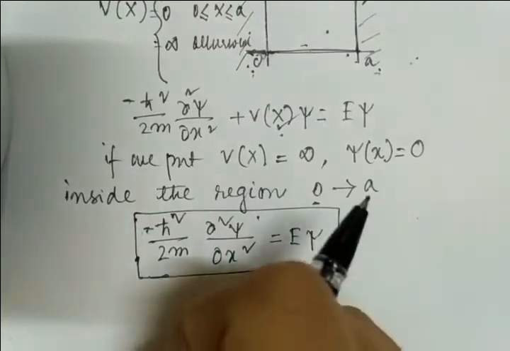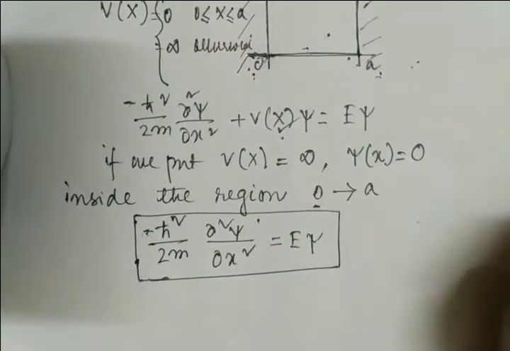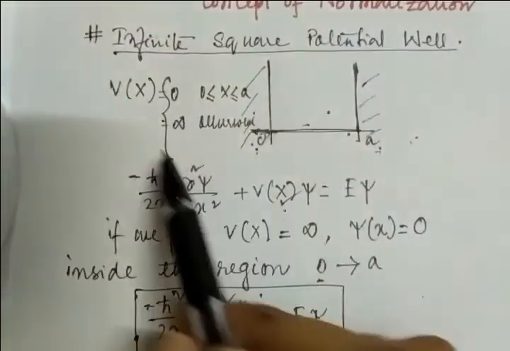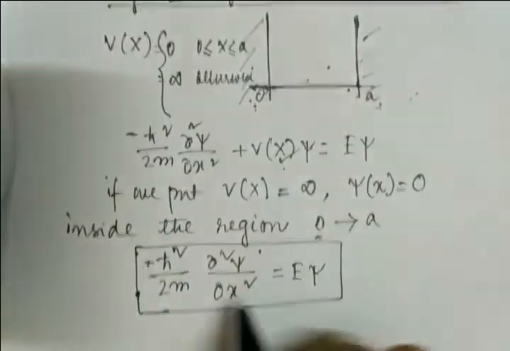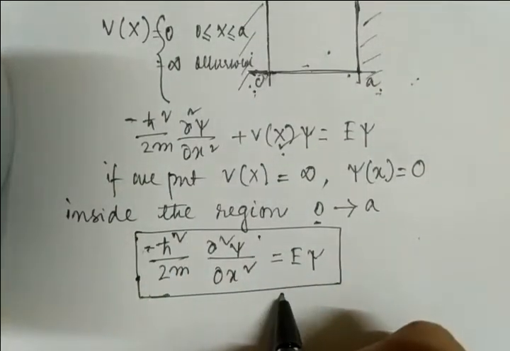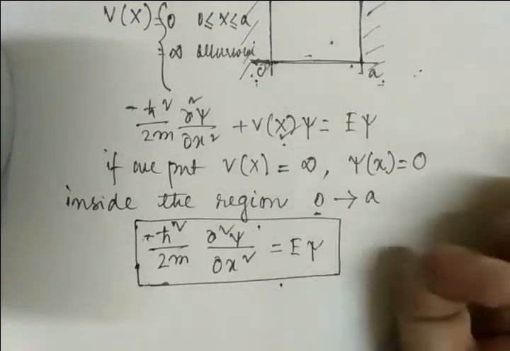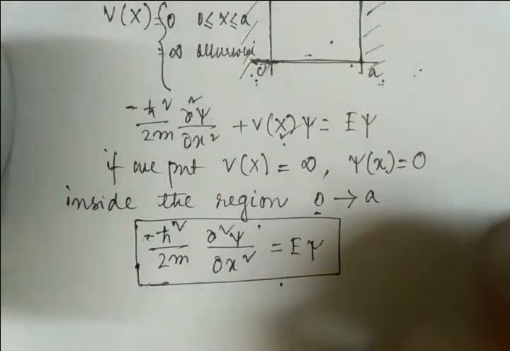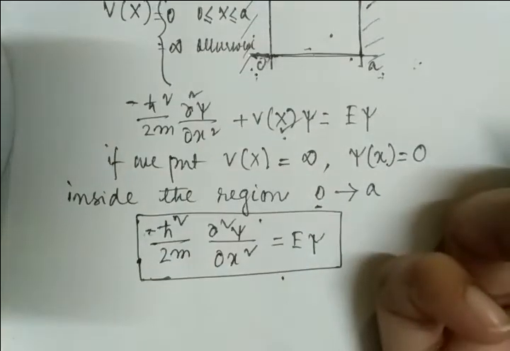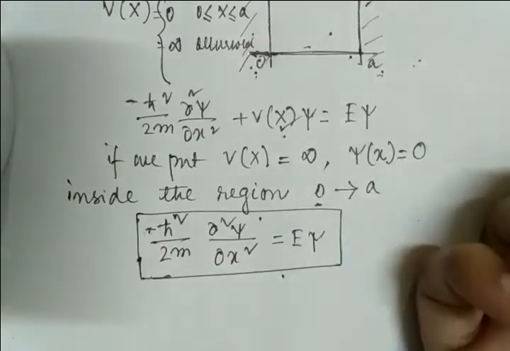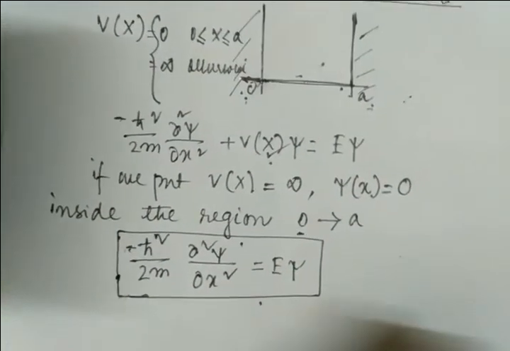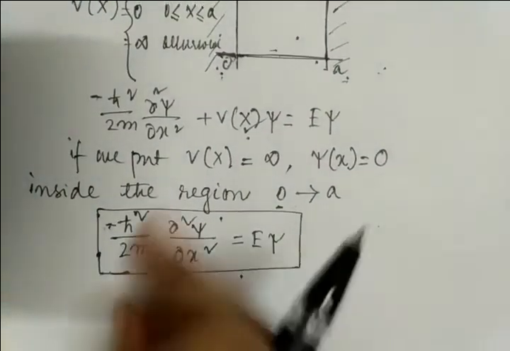And now my question is how to solve it. Please see once again that using the concept of this potential, we have reduced the expression. Now it is easier because it is a simple second order differential equation. We all know how to solve the general ODE, first order, second order, and so on. Simply we'll use that concept to solve this equation.